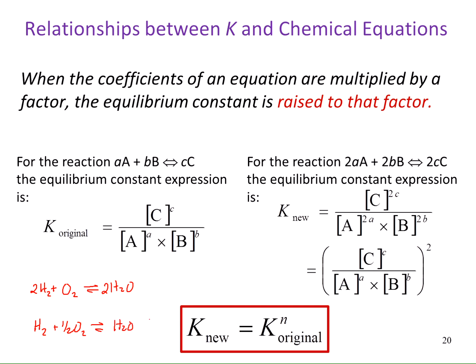And so the textbook gives a value of some K equilibrium for that. Well, if you want the K equilibrium for the equation that you wrote, you're going to have to take that K equilibrium that you found in the textbook and square it so that the equilibrium expressions for those reactions are the same.